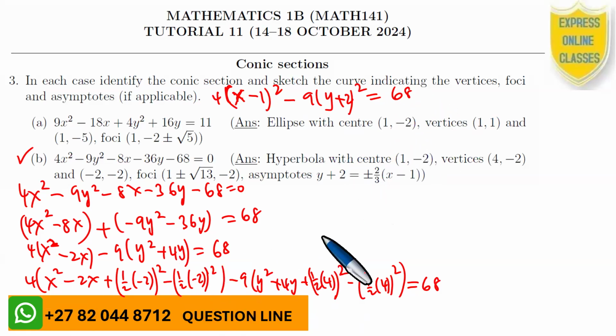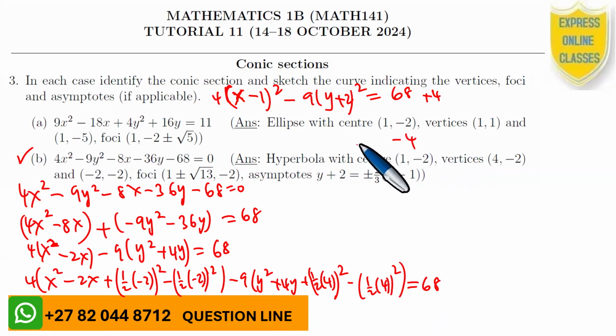Then you need to move the other things. Here, half of minus 2 becomes minus 1. You square it, it becomes 1, but multiplied by 4, it becomes 4. Half of 4 becomes 2. You square it, becomes 4. This is very important.